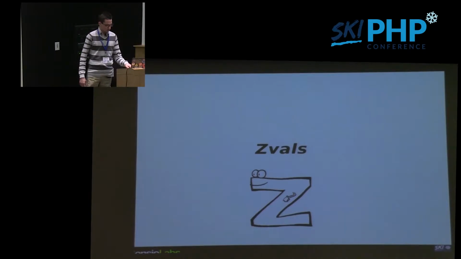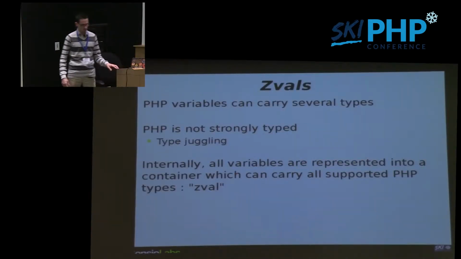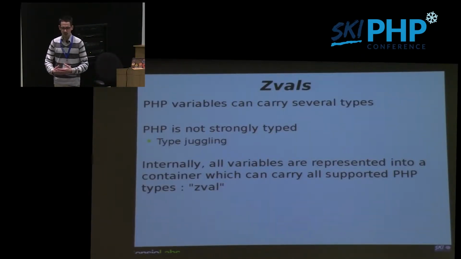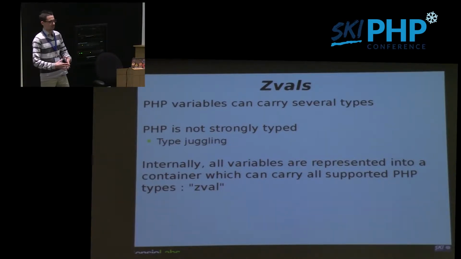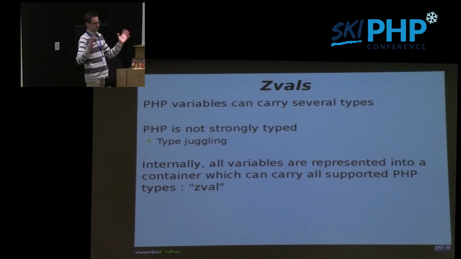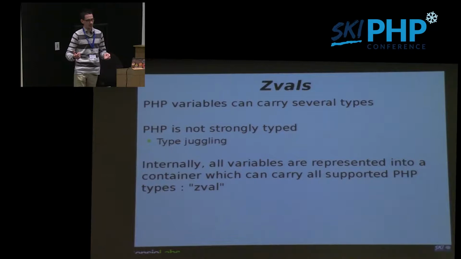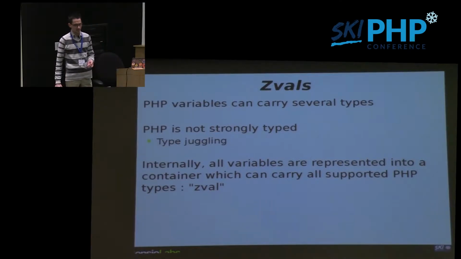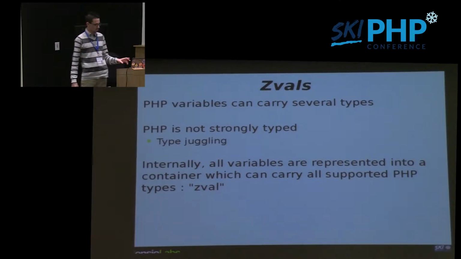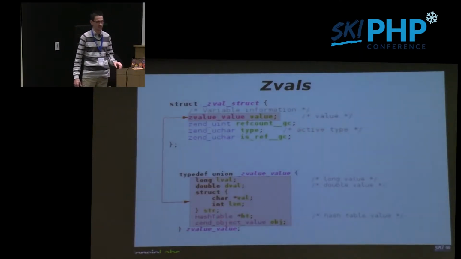So a quick recall on zval. This is just to remind you that PHP is able to manage many data types in variables. Those variables, $something, are internally stored in what we call zval structures.